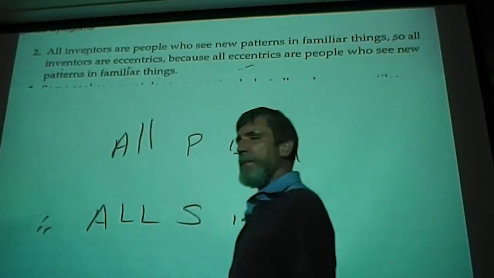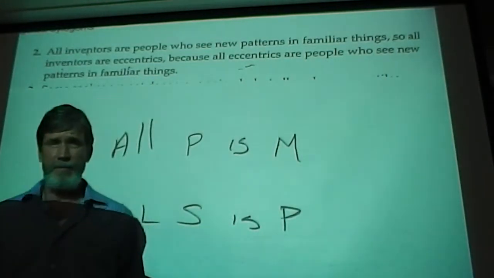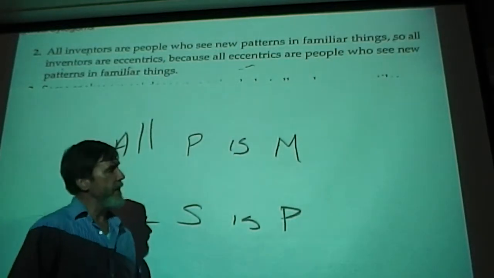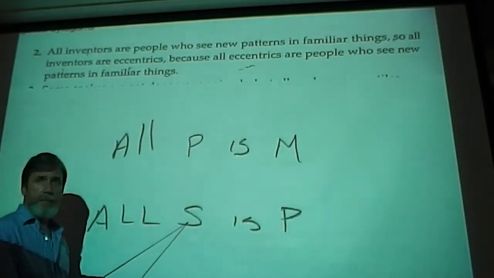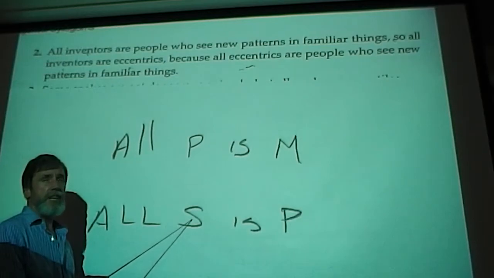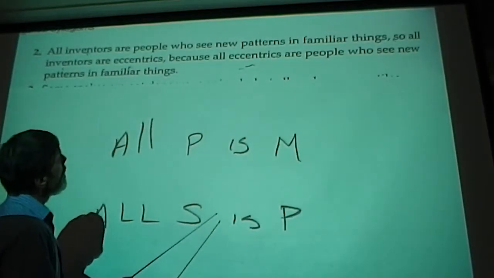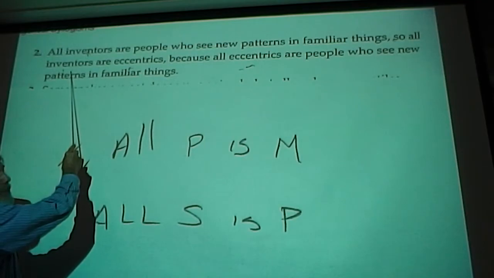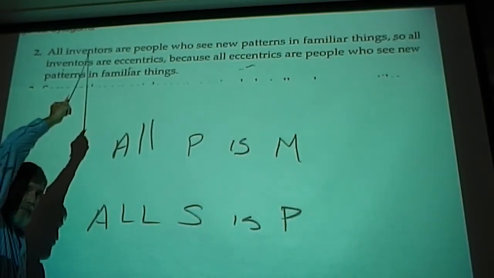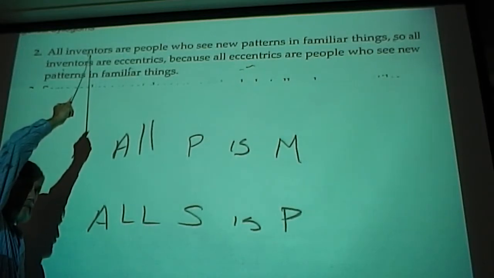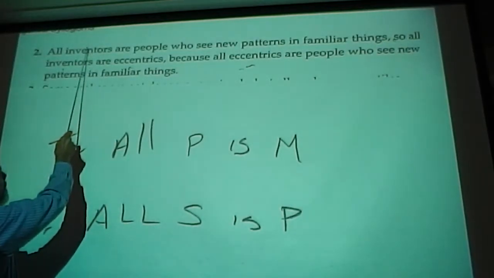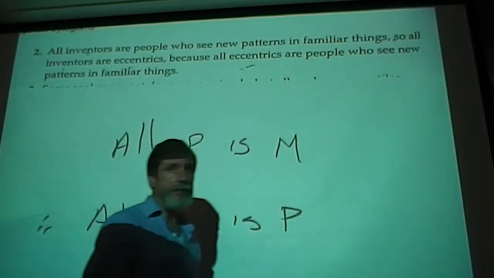Now that remaining premise, it is the minor premise, but that's kind of cheating. It's not the minor premise because it's left over. It's the minor premise because it contains the minor term. That's the subject of the conclusion. So let's check that out. Subject of our conclusion is inventors. There's that same class in the remaining proposition, the first one of the argument. So the first thing I would do is put my S in the subject position of that premise.